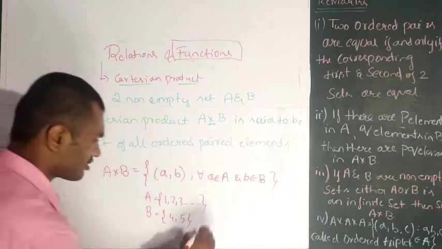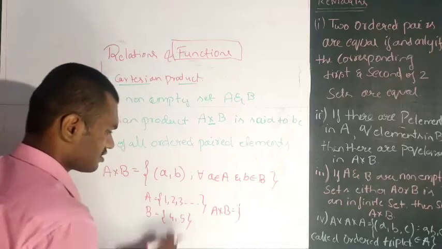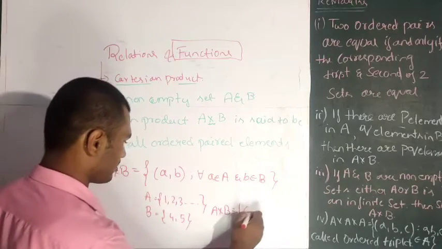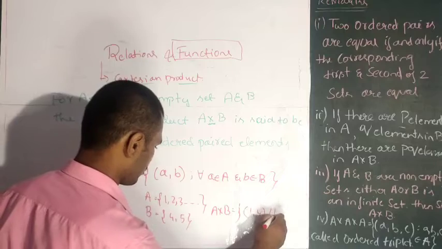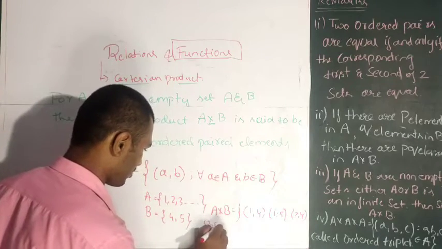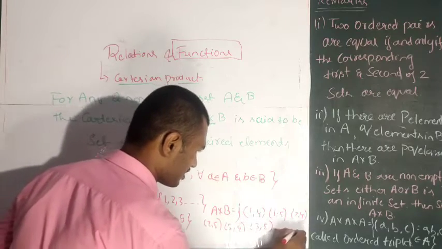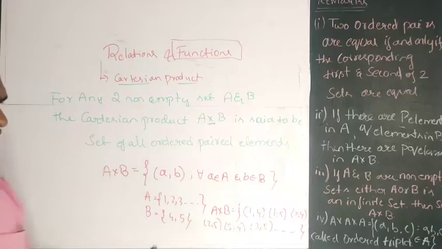Now write the ordered pairs of the Cartesian product A cross B: 1,4; 1,5; 2,4; 2,5; 3,4; 3,5. It continues, right? That is what they are saying.